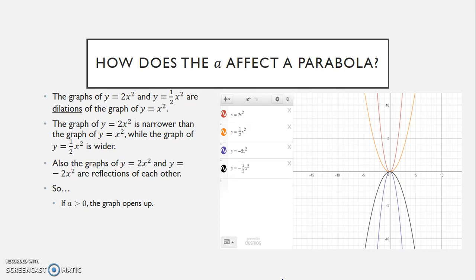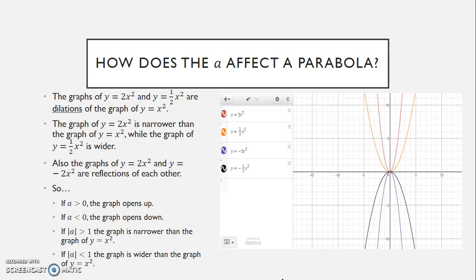So when a is greater than 0, or positive, the graph opens up. If a is less than 0, so negative, the graph opens down, which we already knew from standard form. If the absolute value of a is greater than 1, the graph is narrower than the graph of y equals x squared. And if it's less than 1, then it's wider.